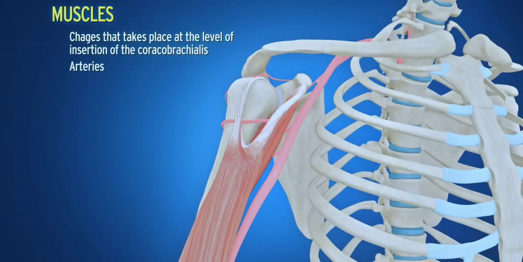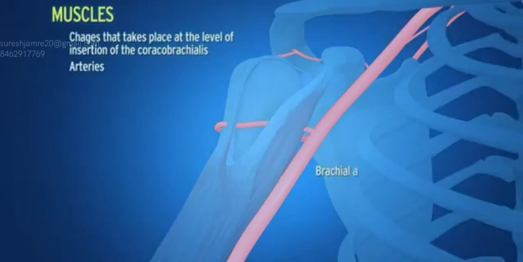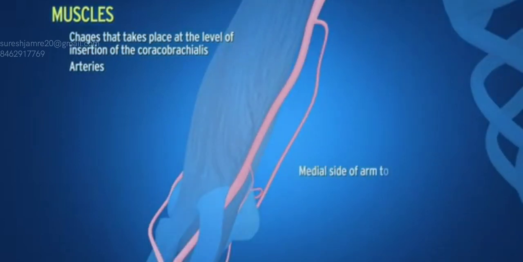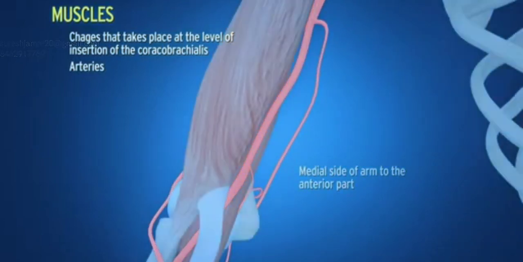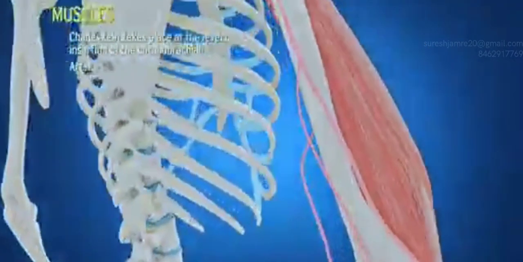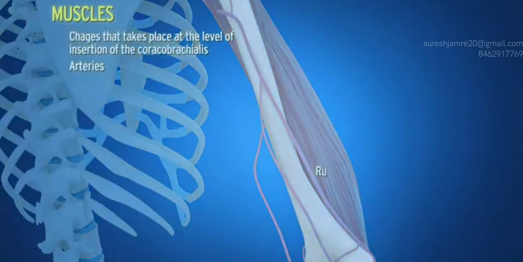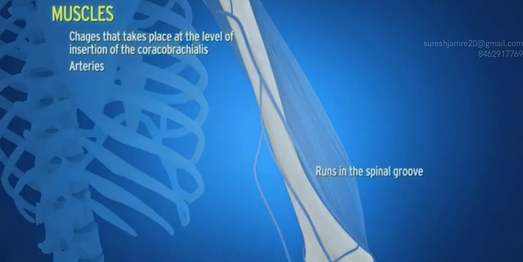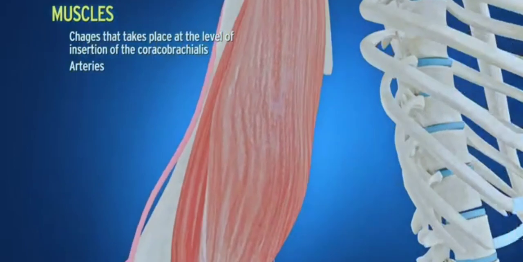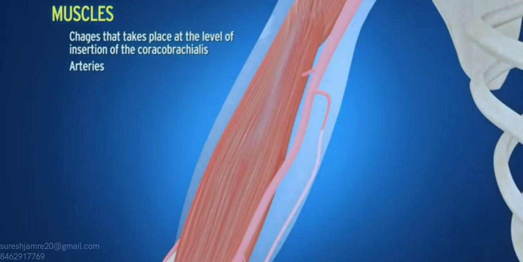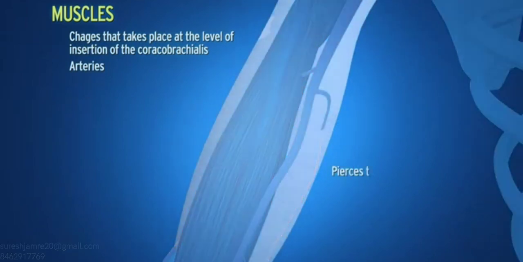Arteries. Brachial artery passes from medial side of arm to the anterior part. Profunda brachii artery runs in the spiral groove. Superior ulnar collateral artery, branch of brachial artery, pierces the medial intermuscular septum.